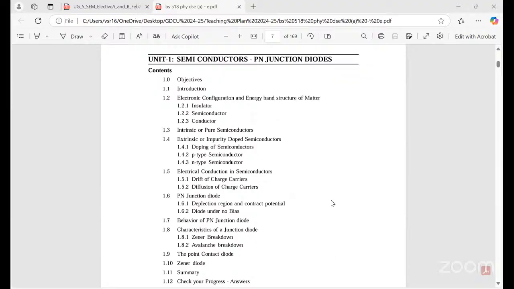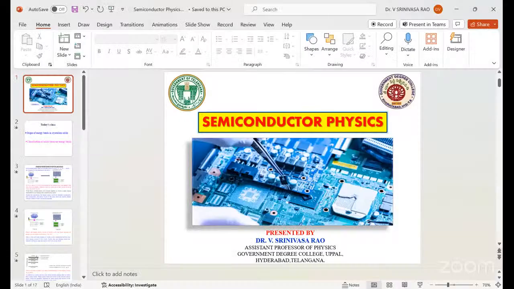So these are the things we need to know in semiconductors as well as the PN junction diode. Let us go to the semiconductors. Please wait a minute. I just want to share the screen.